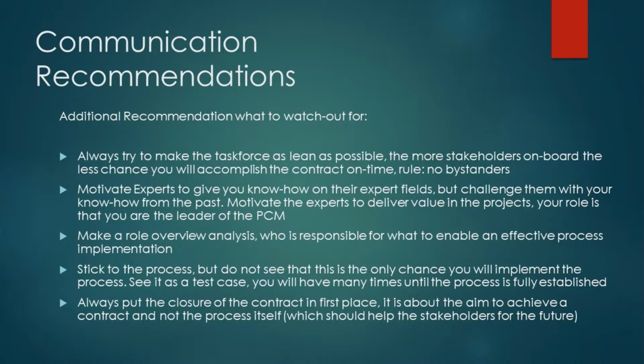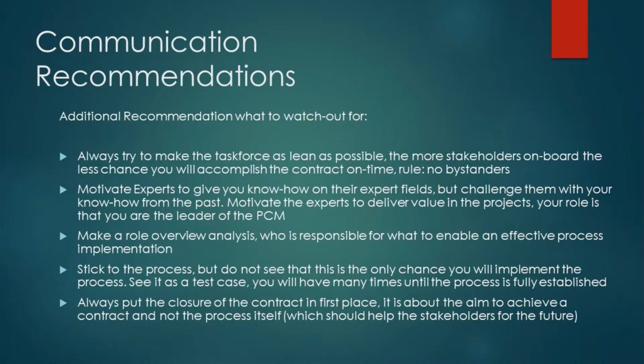Make a role overview analysis. Who is responsible for what, to enable an effective process implementation? Having an effective process implementation is something you need to look out for. Being effective in leading the project means you need to be able to implement it and understand who is responsible for what.